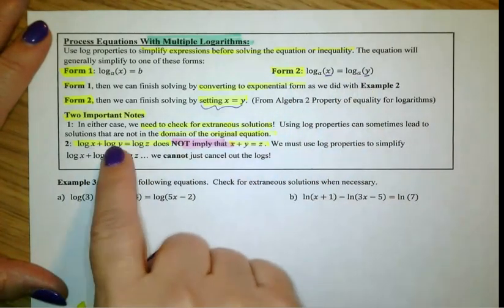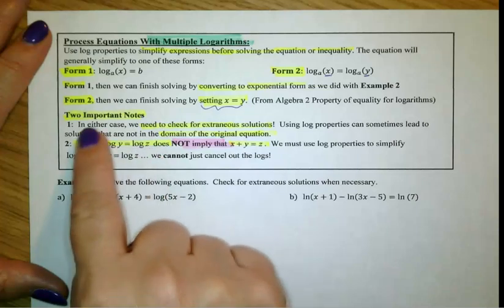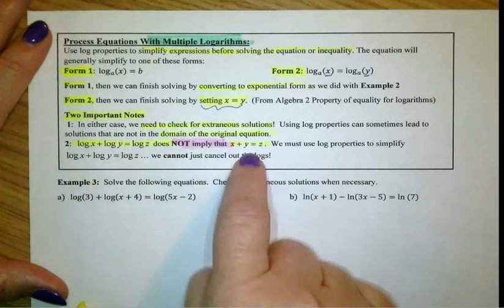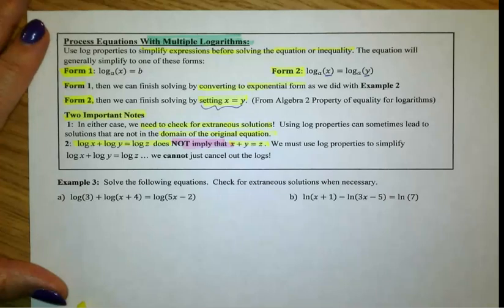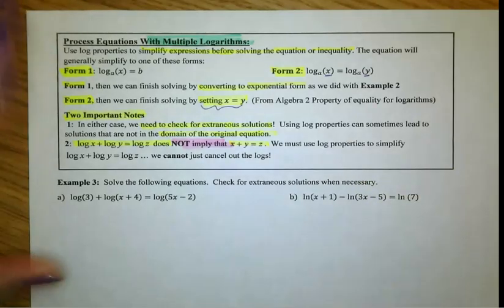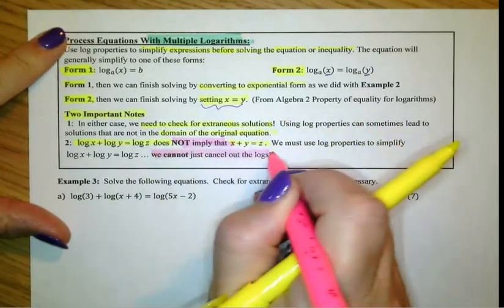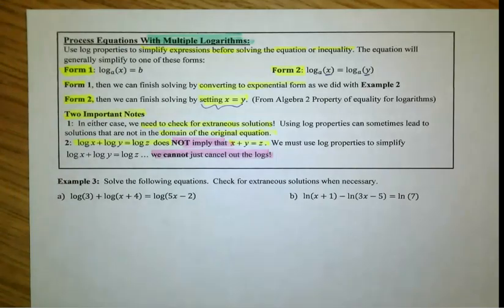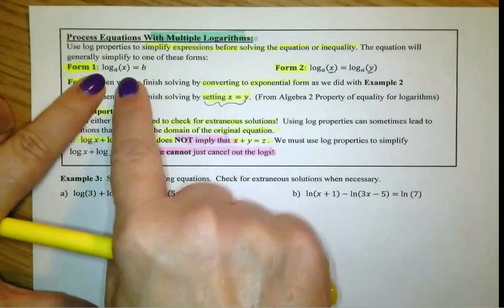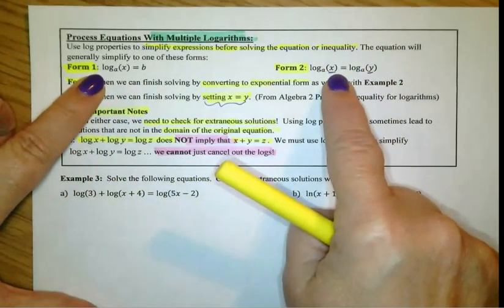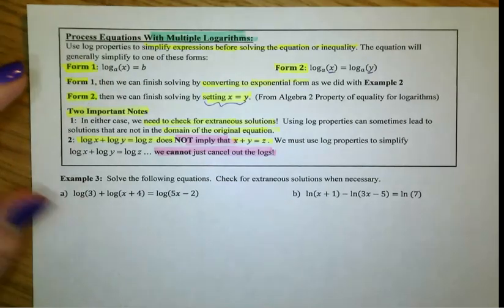But just because they all happen to be the same logs doesn't mean I can just get rid of them and have x plus y plus z. We must use log properties to simplify. You cannot just cancel out the logs. That's a big no-no, so make sure you don't fall into that trap. Remember, these are multiple logs that can either condense down to a single log, or condense down so there is one single log on each side of the equal sign.